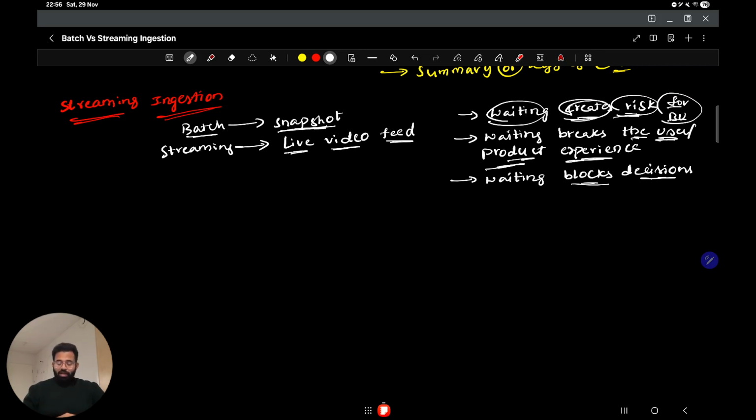And we have also talked about ride-sharing apps or food delivery apps. Those are also among the best cases for when streaming becomes necessary, because tracking a car or a delivery is part of the product experience. It should not be that you can track only once in a day.